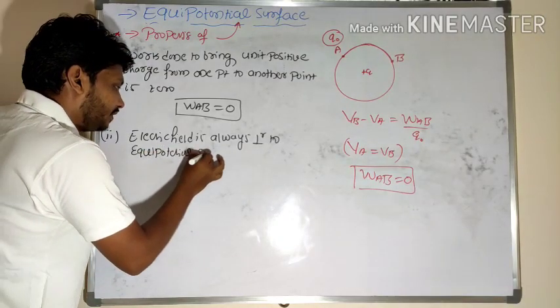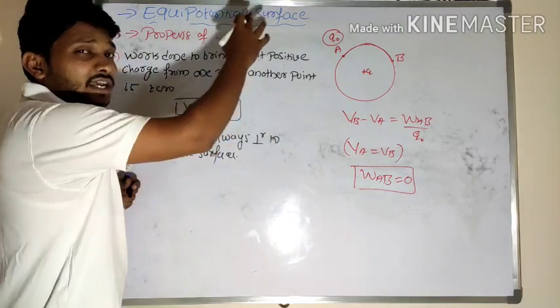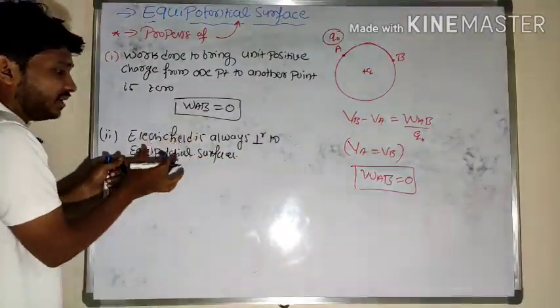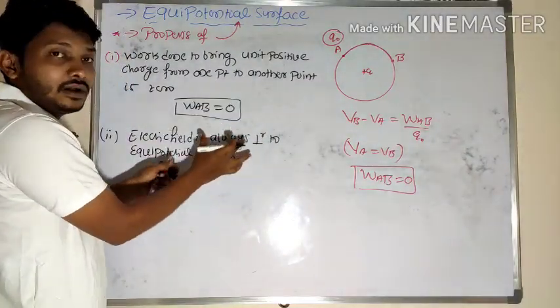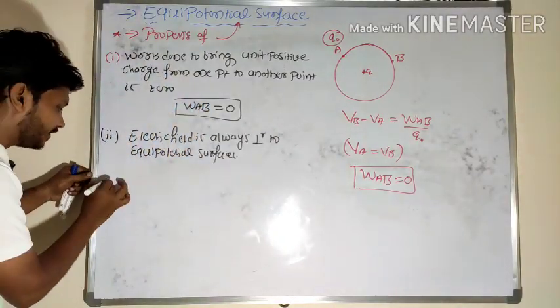Just I will pause this property. When explaining the properties of conductors and insulators, I will explain why the electric field is perpendicular to the equipotential surface. For the time being, you have to consider that the electric field is always perpendicular to an equipotential surface.